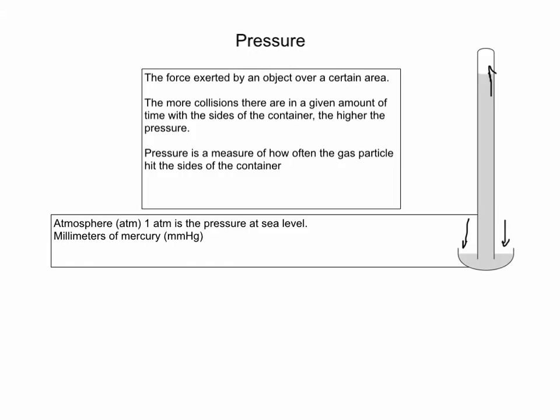Atmospheric pressure, so 1 ATM, equals 760 millimeters of mercury.